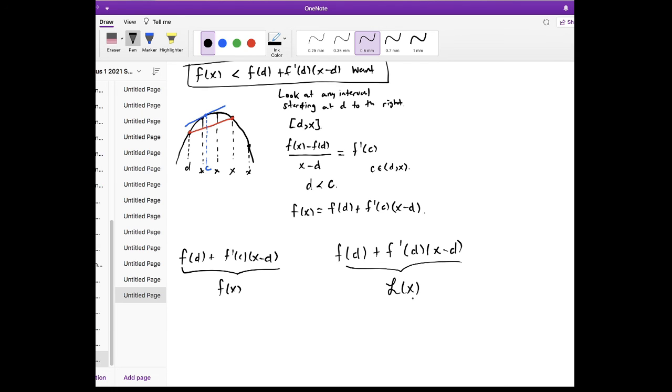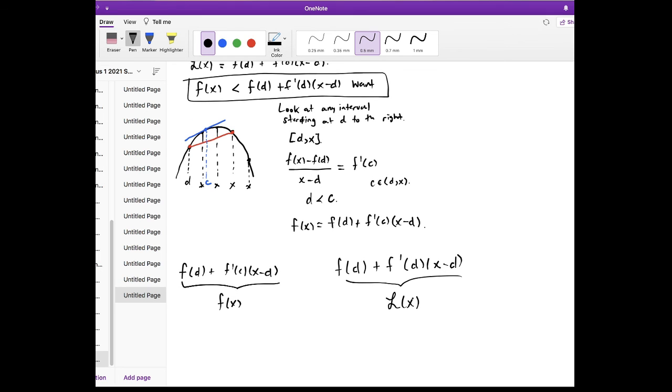Okay, question, which one's bigger, f of x or L of x? Well, there's not much difference between the two things, right? What's the only difference between these two expressions?